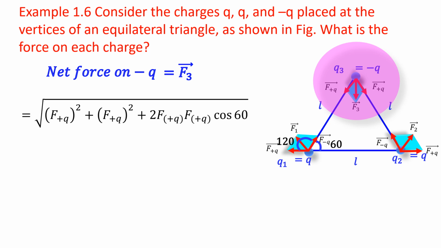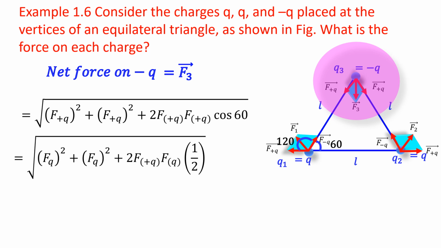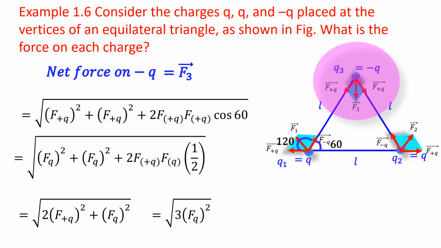Cos 60 is 1 by 2. So simplifying these values, we get the square root of 3 FQ square. The square root of FQ square is FQ and the square root of 3 is root 3. So the net force on the charge minus Q is equal to root 3 FQ.